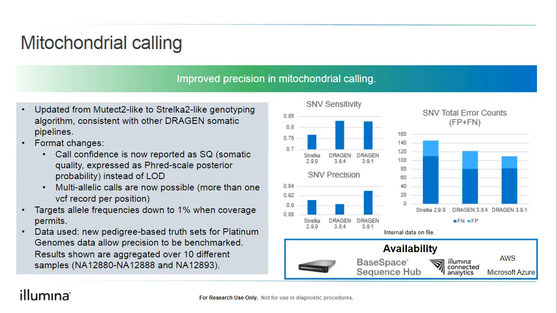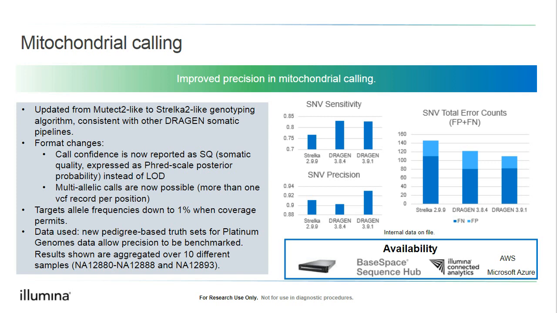There is also an improvement that we have done in mito calling. So in the past, we have been slowly updating our somatic variant calling algorithm from a Mutect2-like approach to a Strelka2-like genotyping algorithm. The mitochondrial calling within the germline analysis does use the somatic calling, but that was not updated till now.